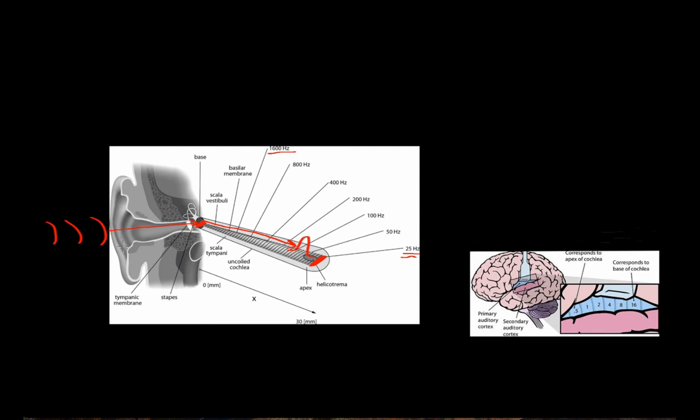So let's say that this is a frequency of 100 hertz, for example. The sound waves eventually cause fluid inside the cochlea to travel in such a way that the hair cells that are very sensitive to a frequency of 100 hertz, which looks like it's right around here, will actually activate. And these hair cells will fire an action potential, and this signal will eventually reach the brain.